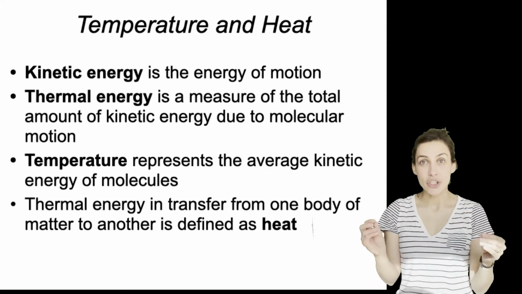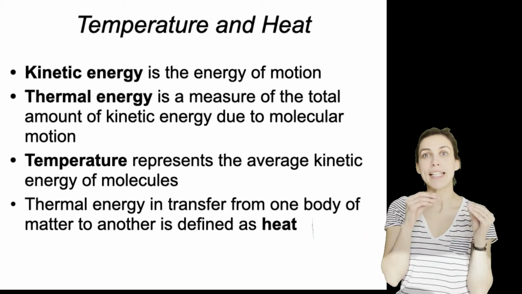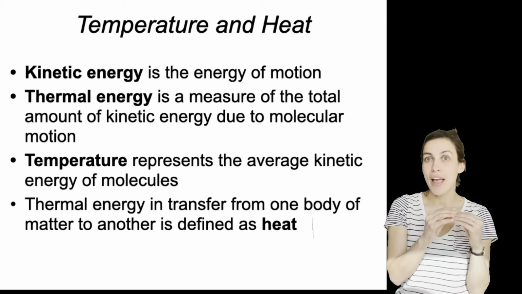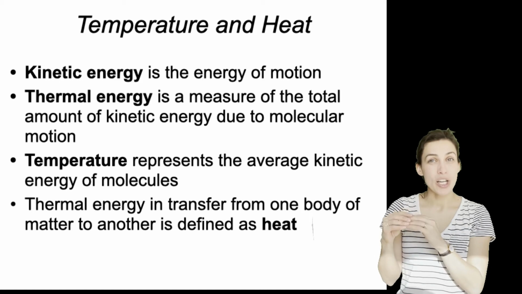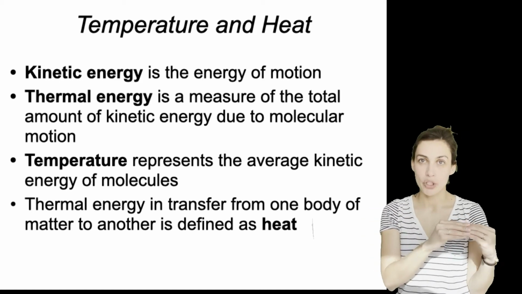When thermal energy is transferred from one source to another, that's called heat. So heat is the movement of energy from an object that has higher temperature to an object that has a lower temperature.